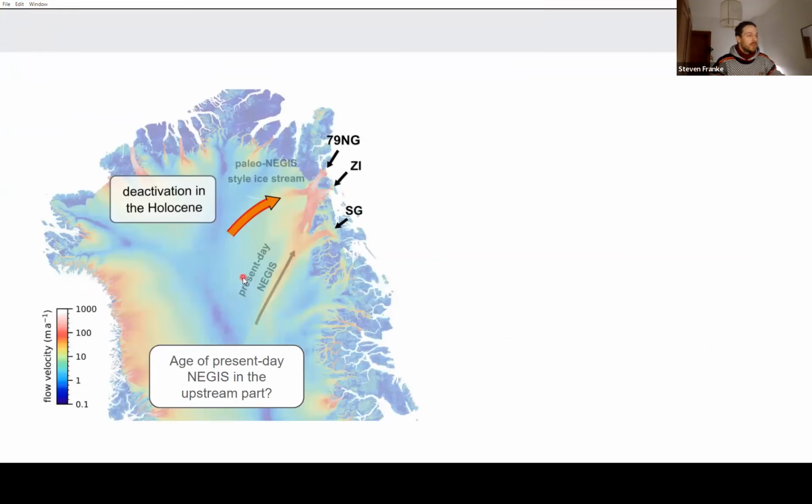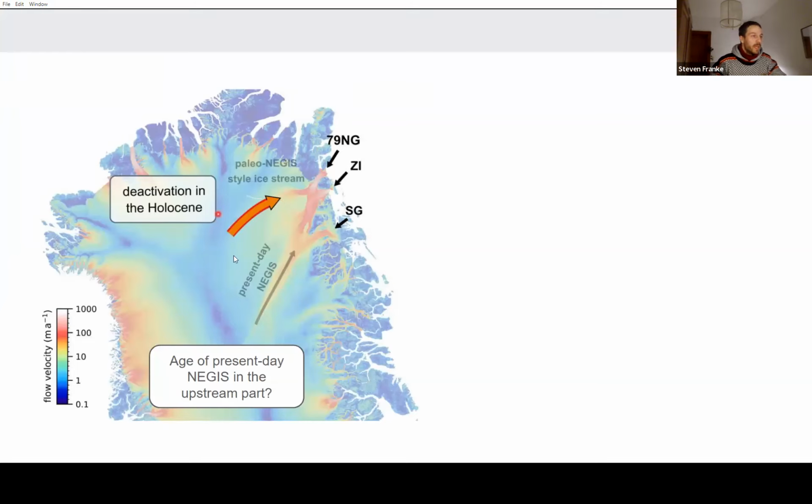This is again a sort of summary map. The orange arrow here is approximately the location where we reconstructed this ice stream. It depends on many different things where exactly this ice stream was active, but it must have been about in this region.